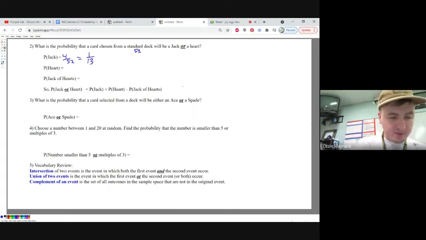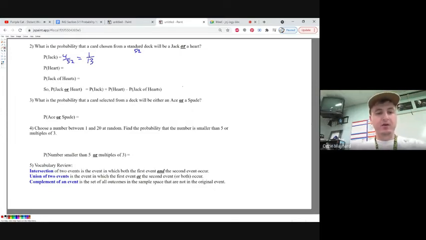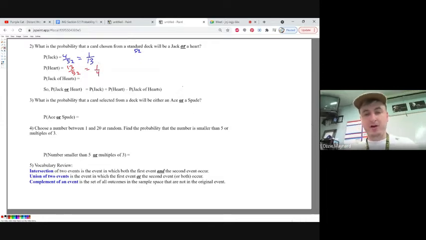Next up is going to be the probability of a heart. There are a lot of hearts in a deck. It's actually going to be 13 out of 52, or 1/4 of our cards are hearts.